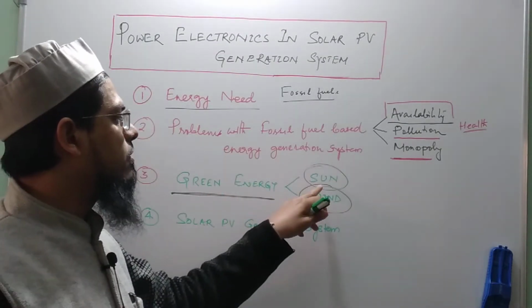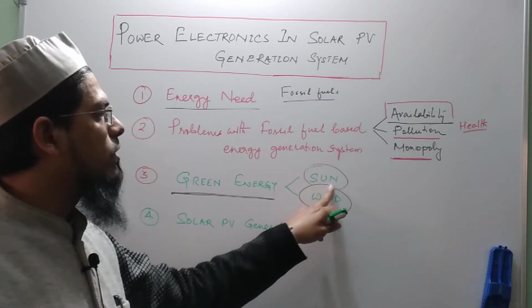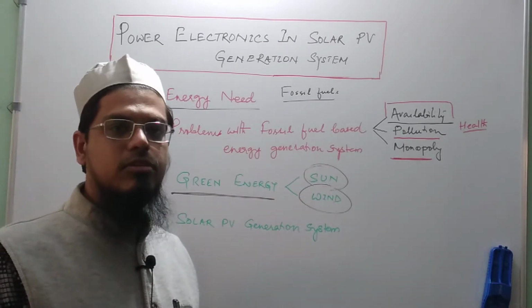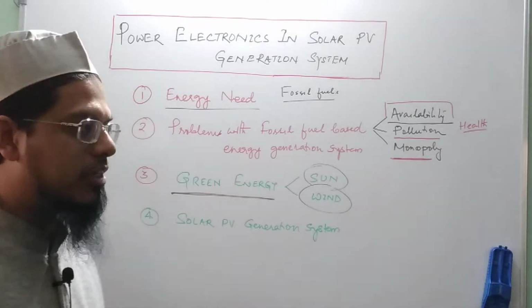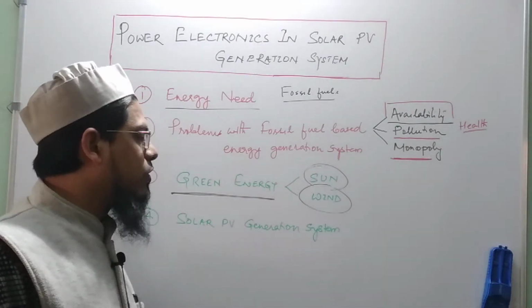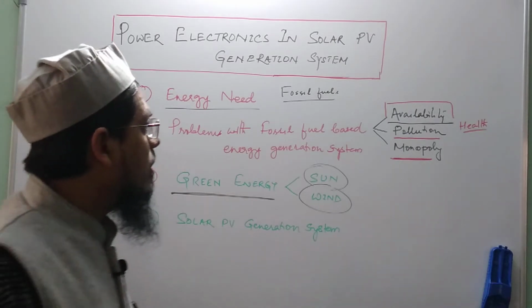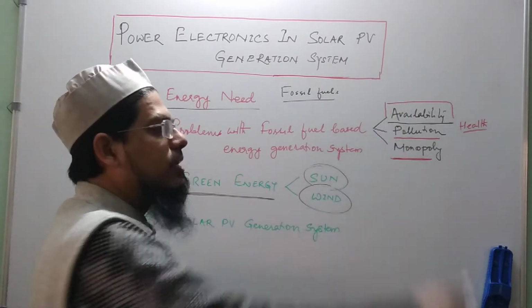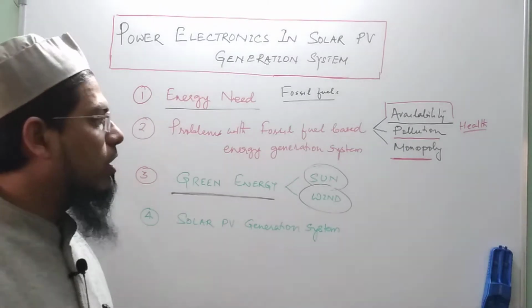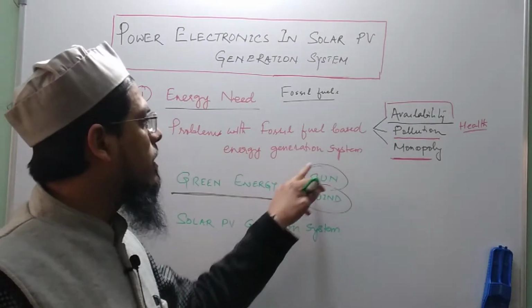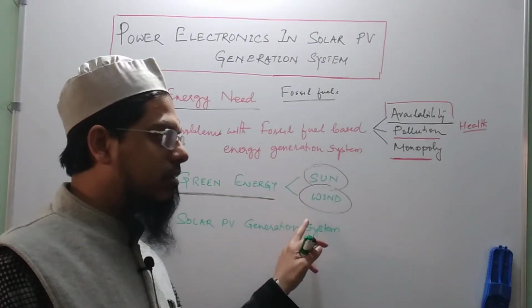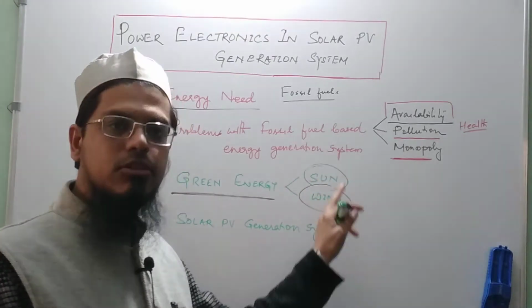So it is not going to exhaust in the near future, at least. So this issue of availability of resource is not there if we are depending our energy need on these resources.